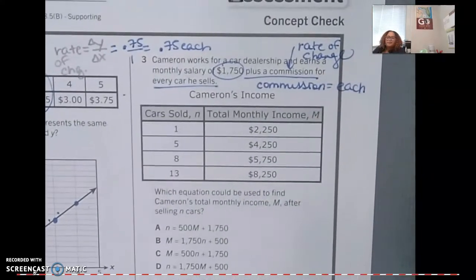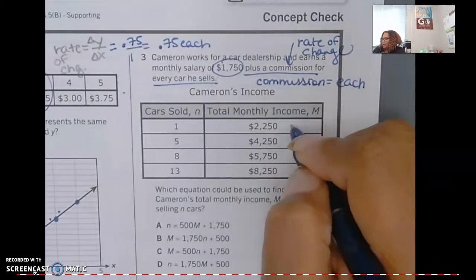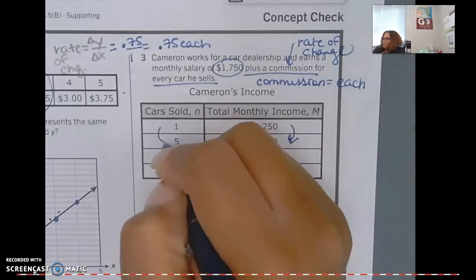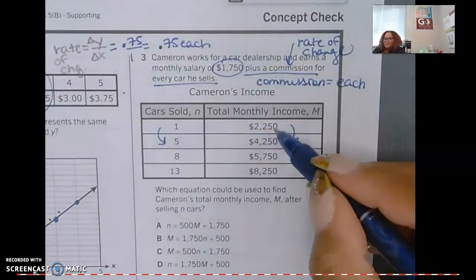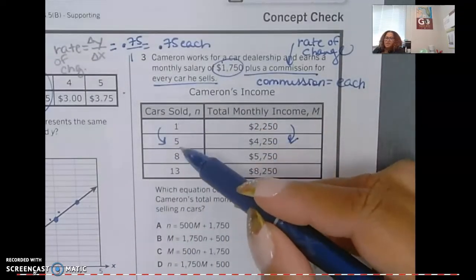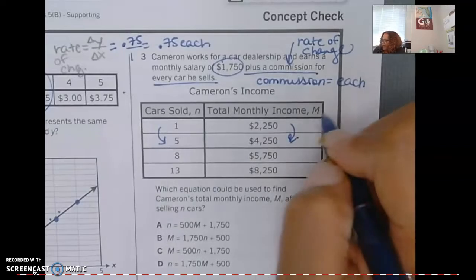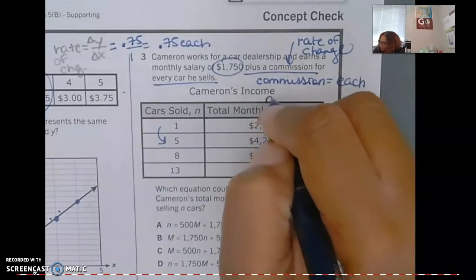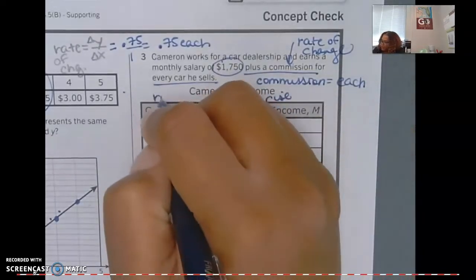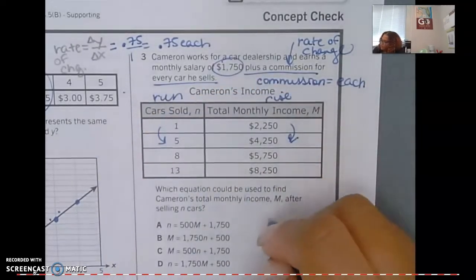How do I find a rate of change? Well, a change in y over a change in x. How is this changing in relation to this? This is my rise. This is my run. So I'm going to take 42.50 minus 22.50.